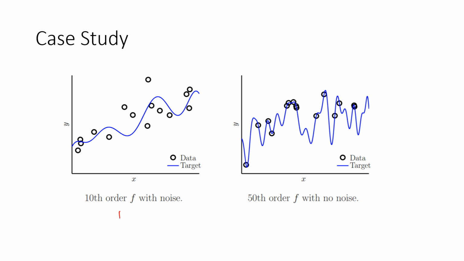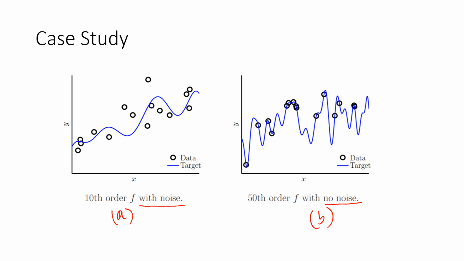So this is case A and case B. The target function is a 10th order polynomial, but A has noise, as you can see, and B has no noise at all. What we are trying to do here is come up with a hypothesis to fit both of them, or maybe two hypotheses.